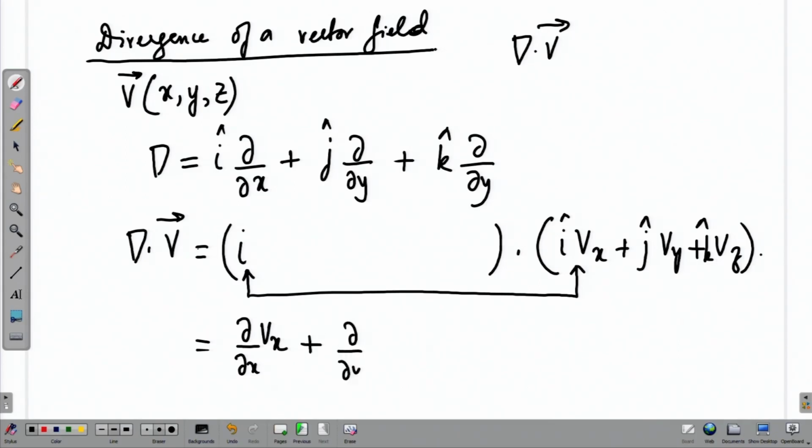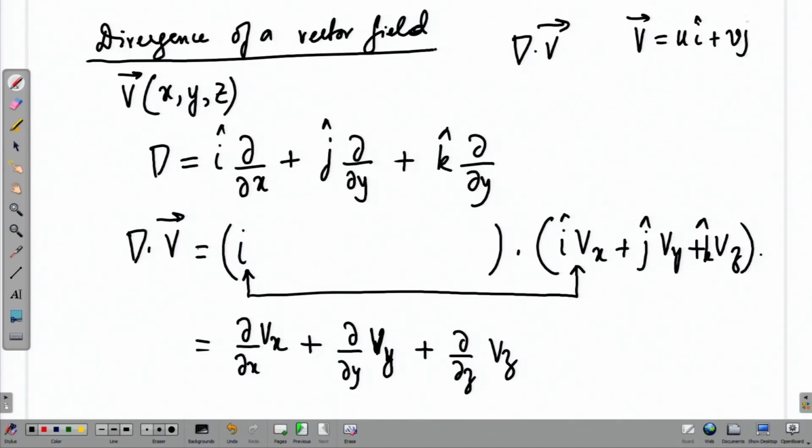Similarly, del y of v y when you look at the dot product of the j terms, and then del z of v z. When it is the velocity vector, we will usually indicate it with the lowercase u, v, w.